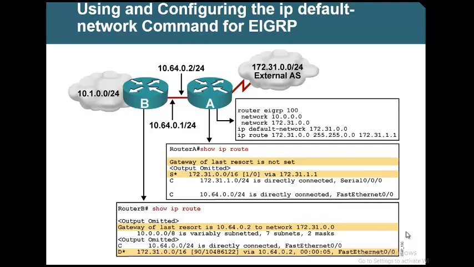Now today we are learning something called default network command for EIGRP. Concept is easy, but there's a little trick in here. When you do the lab, sometimes you will not see the result immediately unless you understand this concept very well.